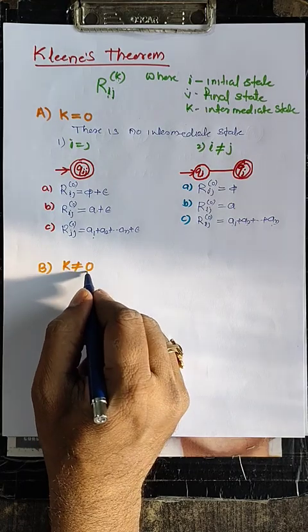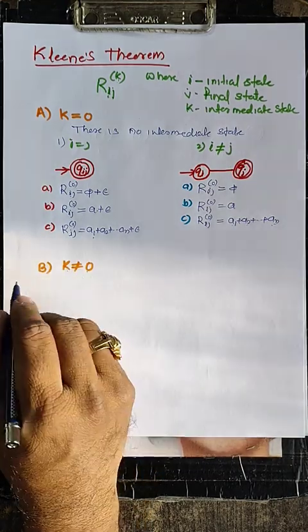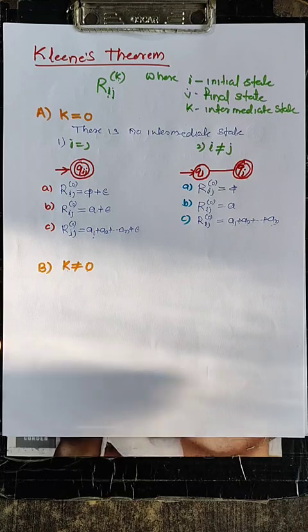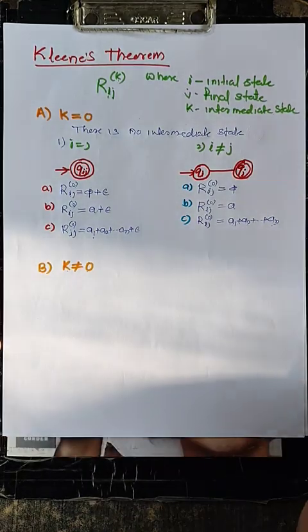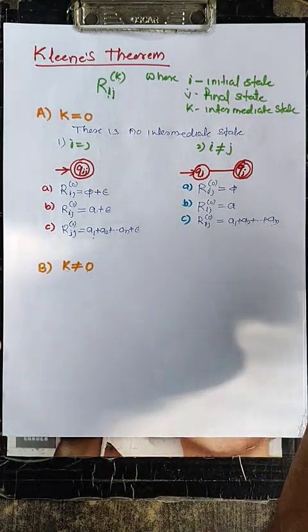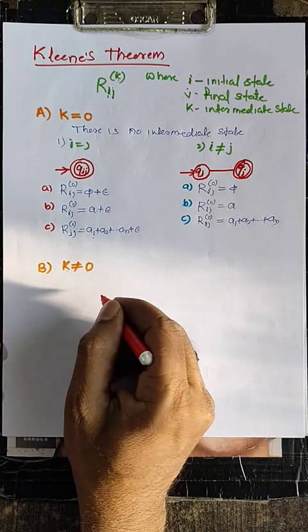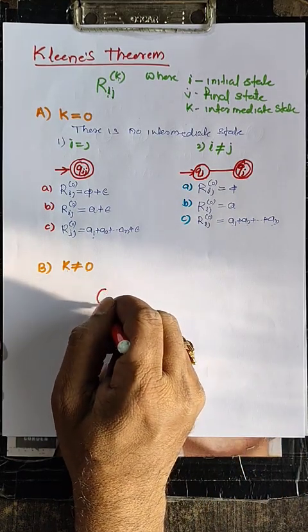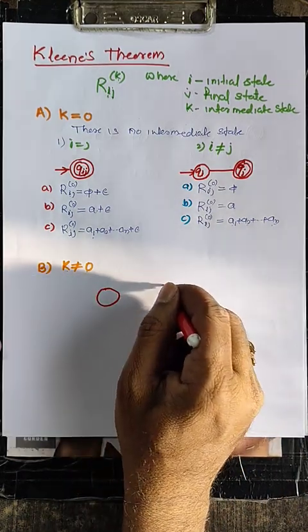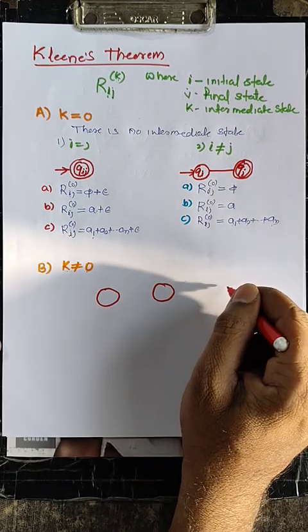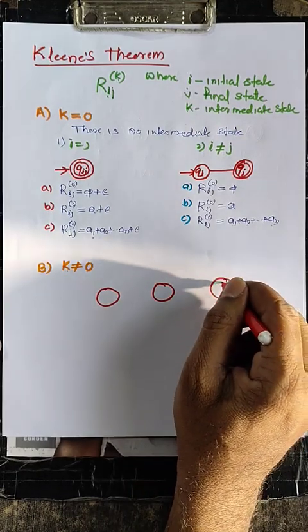And if k is not equal to 0, there may be intermediate states. Then we can design a finite automata with a transition from i to j with or without intermediate states.